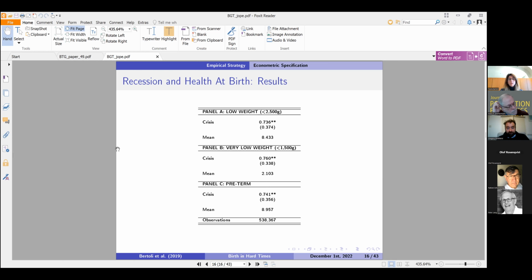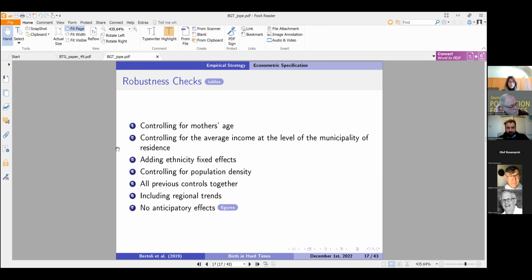Then, of course, we run a set of robustness checks, inserting further controls, starting from mother's age and the average income at the level of the municipality of residence of the mother. We add ethnicity fixed effects to control for differences in propensity, for example, to consume prenatal care. We control for population density, with the idea that wealthy areas will also be more populated.